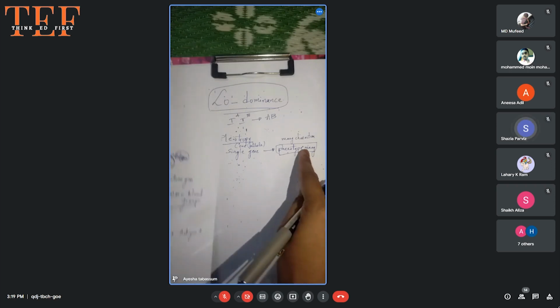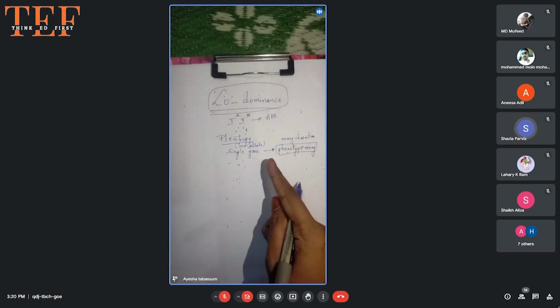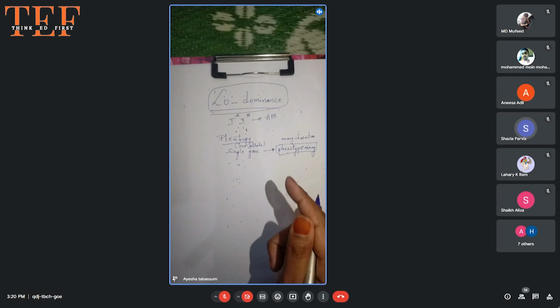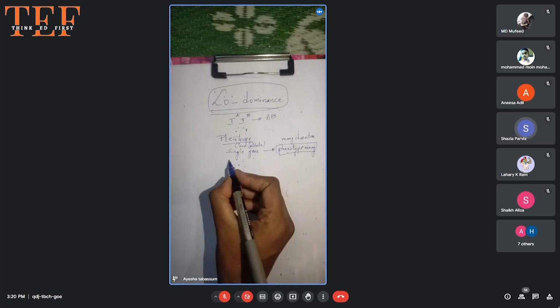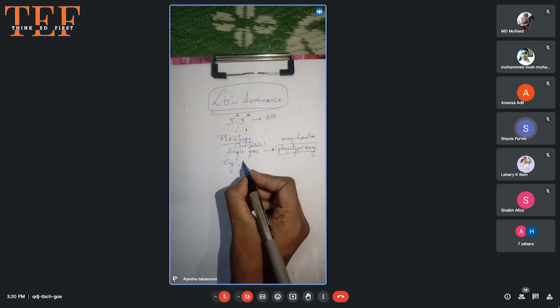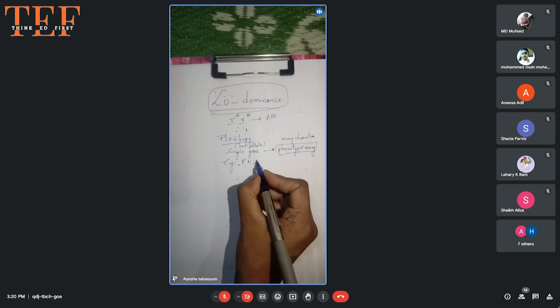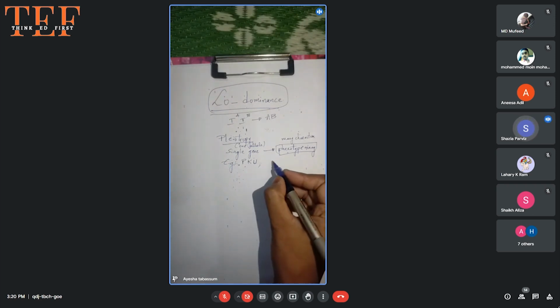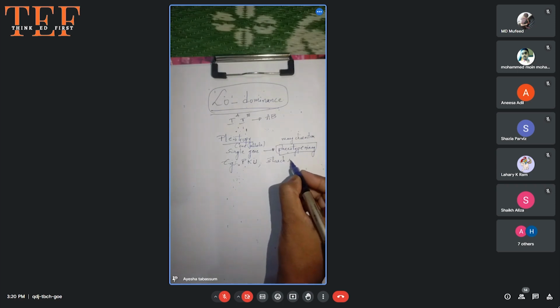The best examples here, they will ask you for an example of pleiotropy: PKU and starch synthesis in pea seeds. Remember this example.